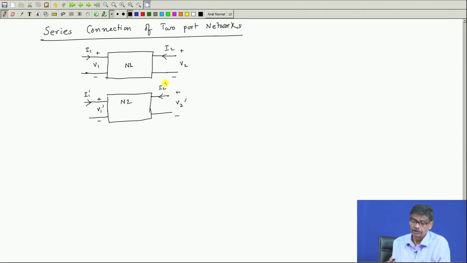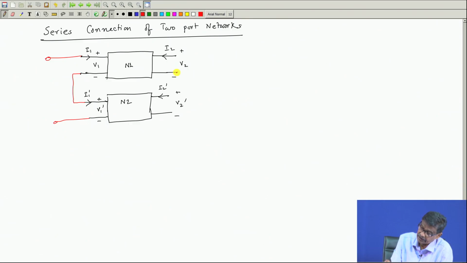First of all, what do I mean by series connection? When we say that these two port networks are in series, it means that the input ports will be connected in series, that is this connection I will show with a red color. It is connected like this, and these two are the total input of this.